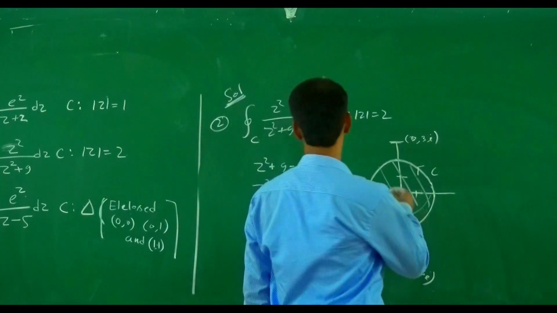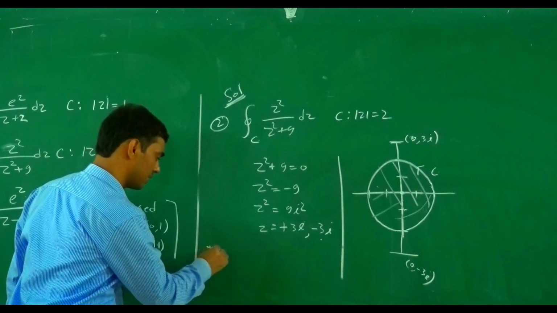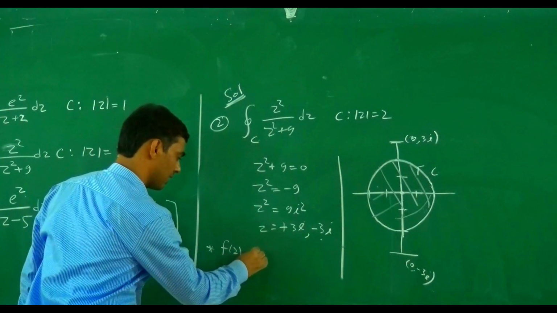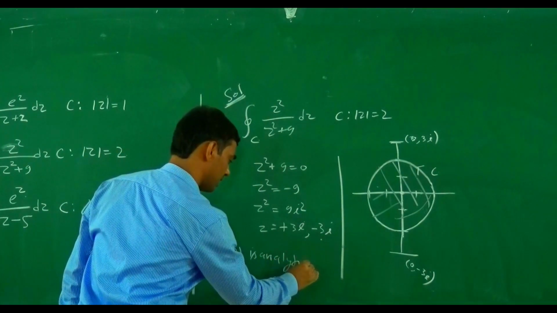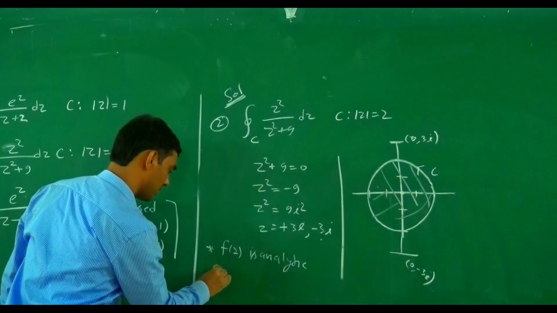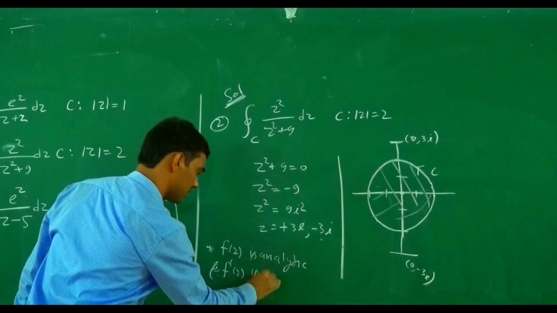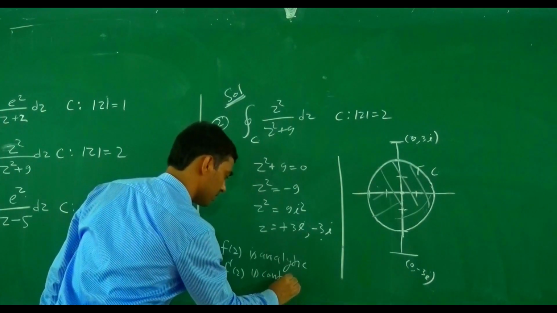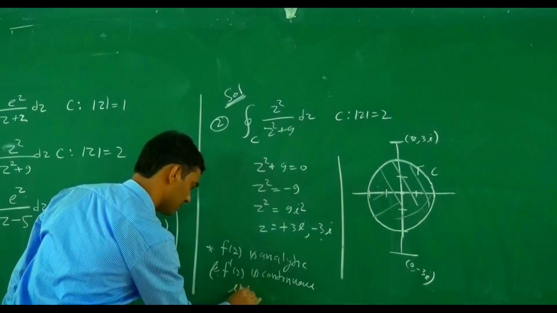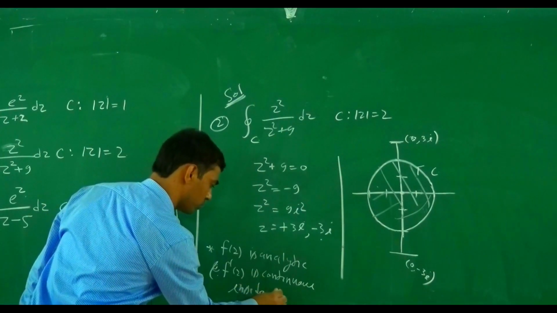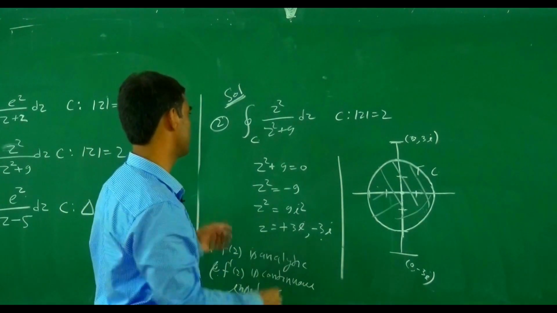So what is the value of integration? What do we conclude here? Fz is analytic and f dash z is continuous inside closed curve C. So what is the value of integration? This one is fz.